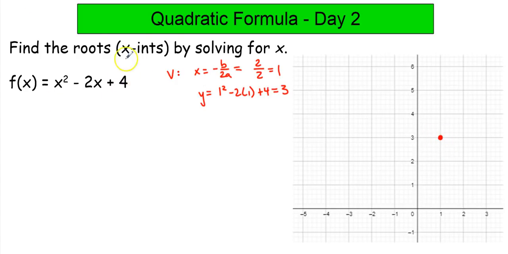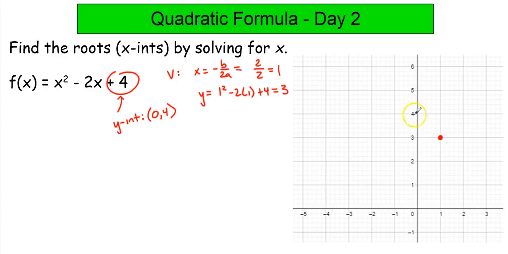The next thing that's pretty easy to find when these things are in standard form is the y-intercept. It's just given by this number. It's that c value. So my y-intercept, remember that's where it crosses the y-axis. That's a different y value from your vertex, from the y coordinate of your vertex. But my y-intercept is going to be 0, 4.